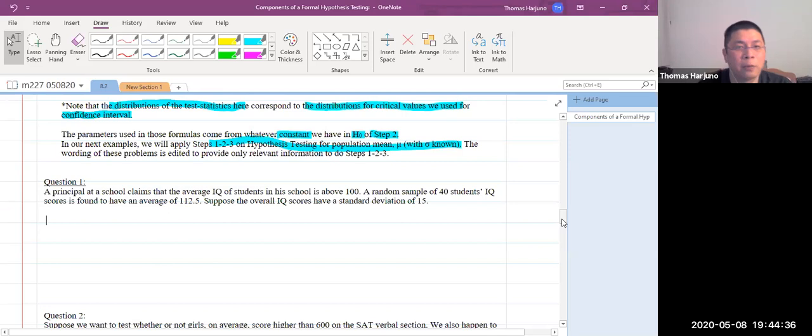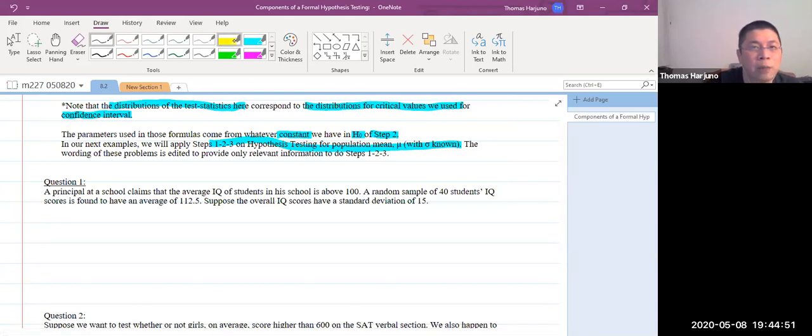Now let's see example 1. Let's do steps 1, 2, 3. We just learned step 3, but we don't want to forget steps 1 and 2, right? So let's do it again. A principal at a school claims that the average IQ of students in his school is above 100. Now, a random sample of 40 students' IQ scores is found to have an average of 125.